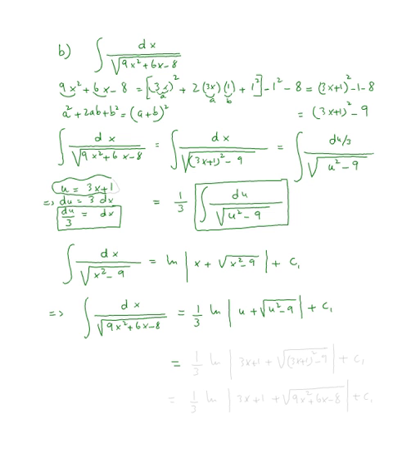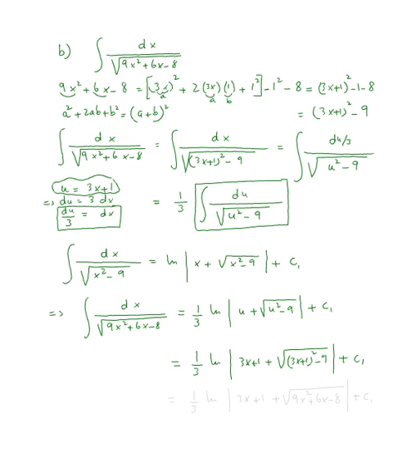Now all we gotta do is replace u by 3x plus 1. So 1 over 3 ln of 3x plus 1, plus the square root of (3x plus 1) squared minus 9, everything plus c1.